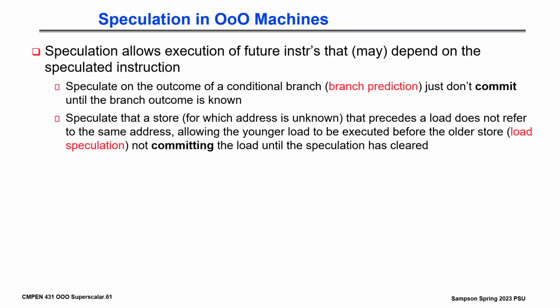And so now we have options as to how aggressive we want to be in actually sending that load off to the memory. So we can speculate that the action I am about to take will in fact retrieve the most recent version of this memory address.